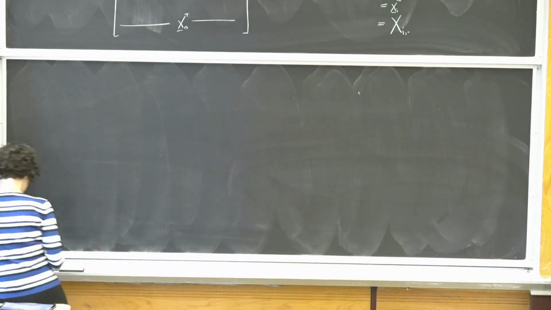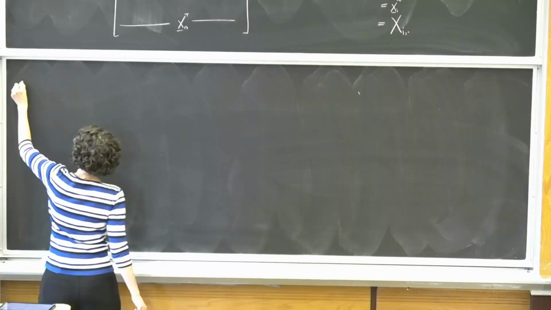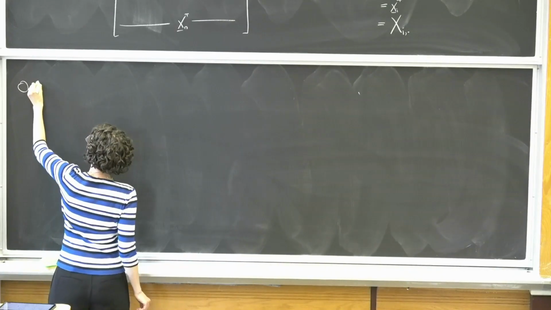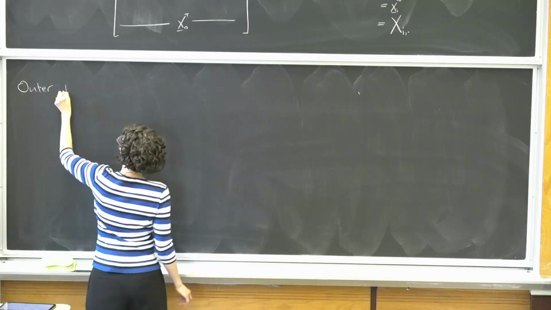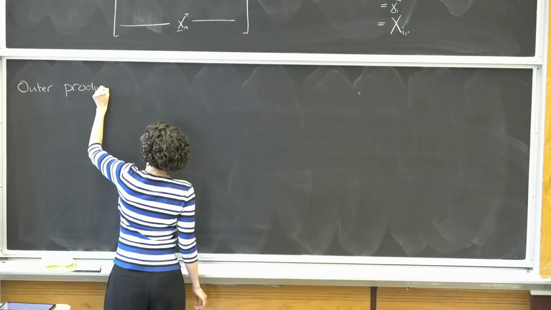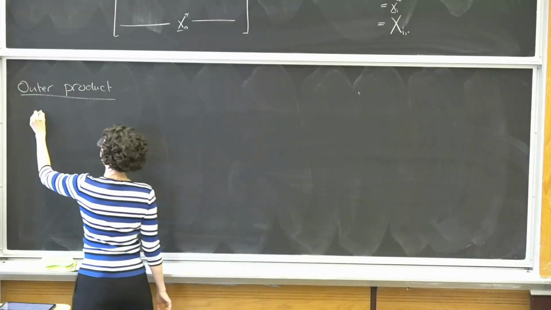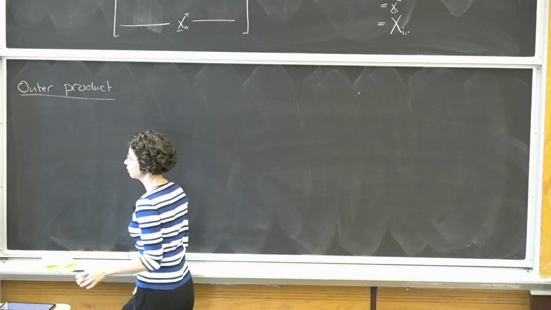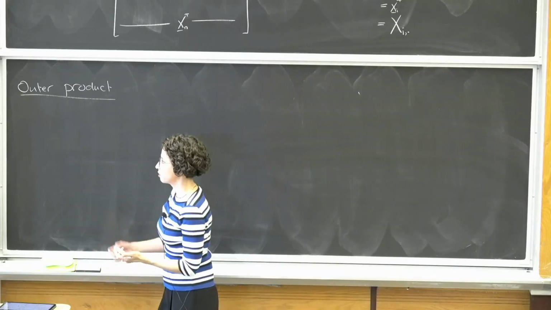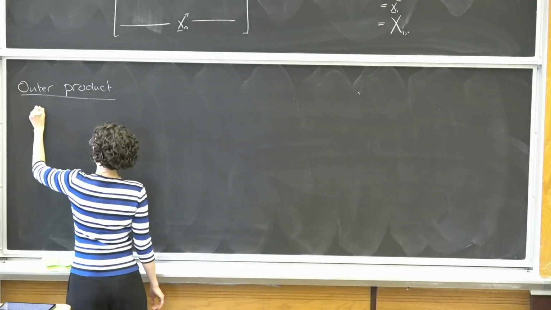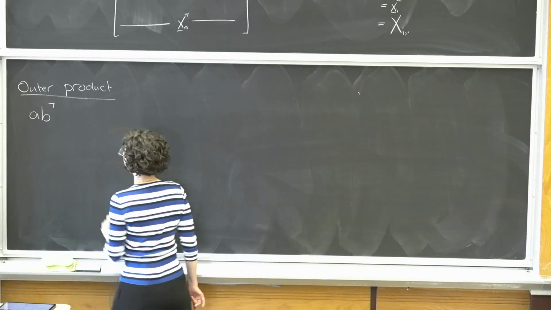And then finally, we have the outer product. I'll just say it right now. Before, when we had an inner product, we would have A transpose B. For the outer product, we're going to have A B transpose.